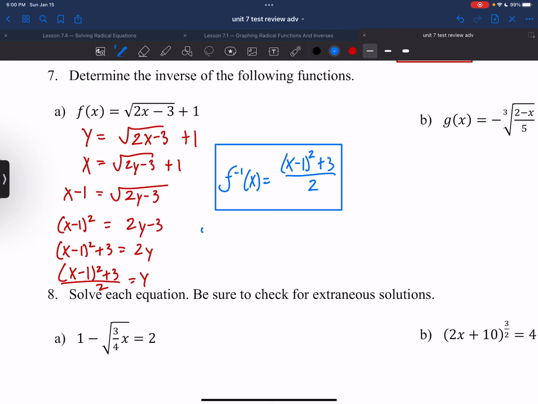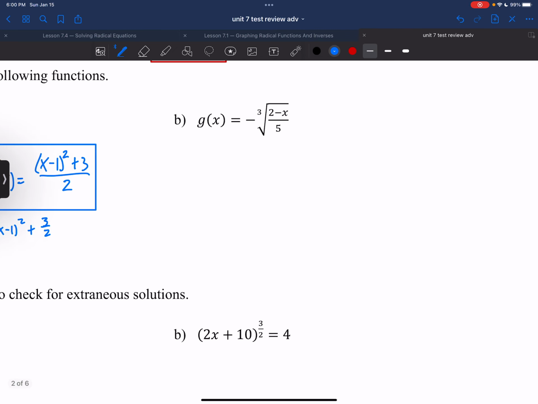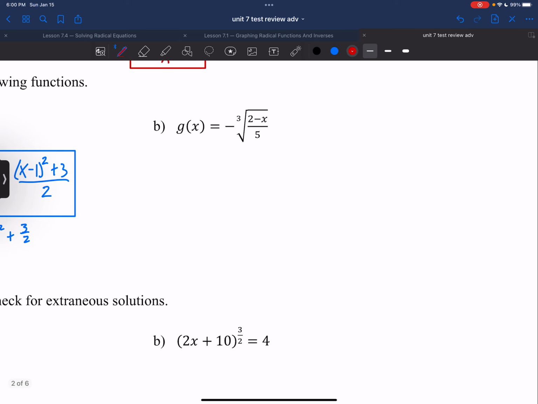I could write it as 1/2 (x minus 1) squared plus 3/2. That might be a little bit more proper vertex form for our quadratic right there. But that's fine. I just care that you found the inverse. That's good enough.